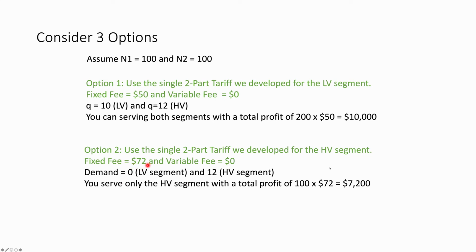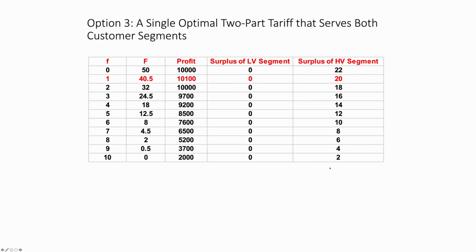Now you're charging $72. You can only serve the high-value segment with this pricing plan. And the total profit is 100, the size of the high value segment, times 72. That's $7,200. Option 3 is to use a single optimal two-part tariff that serves both customer segments.